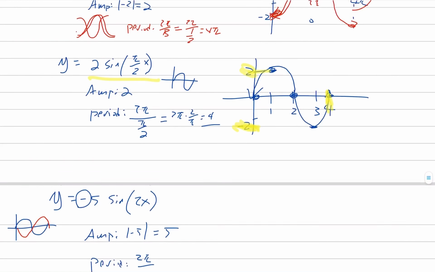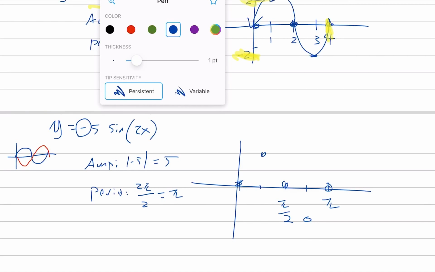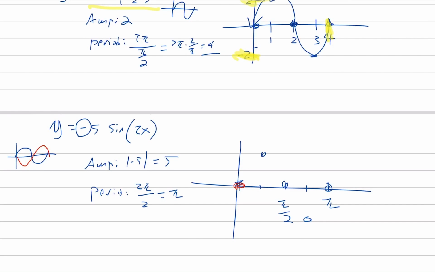So for this graph, we have 0 to pi. Here's pi over 2. Remember, the generic sine graph uses these 5 points, but because it is reflected across the x-axis, with this one, this one, this one, this one, and this one, it has this shape right here.